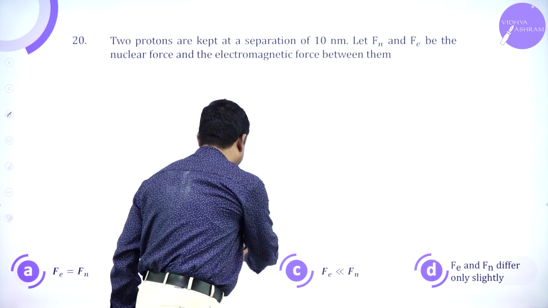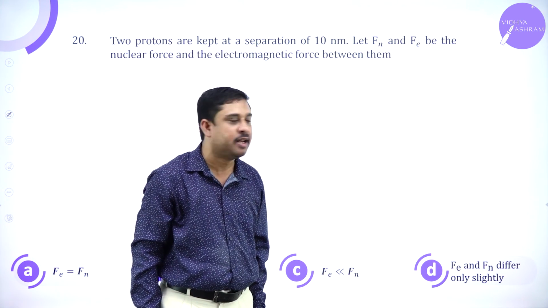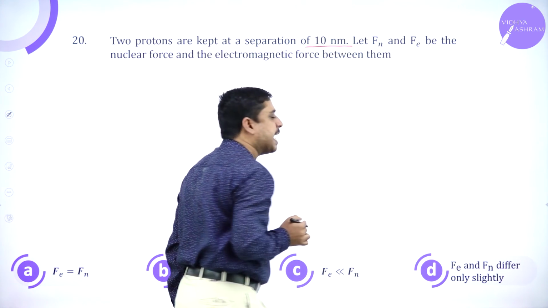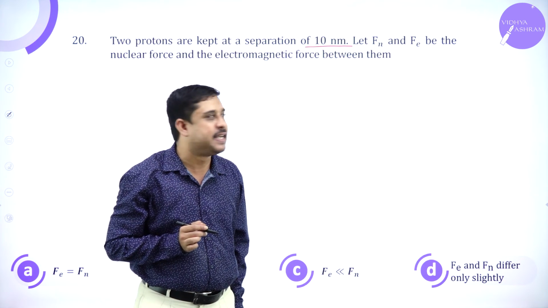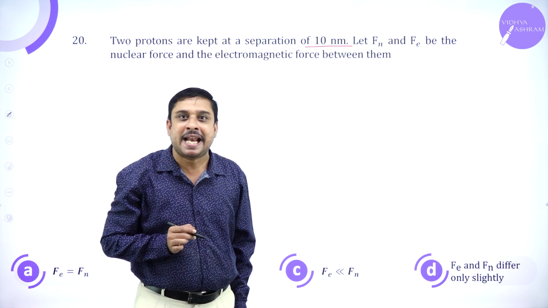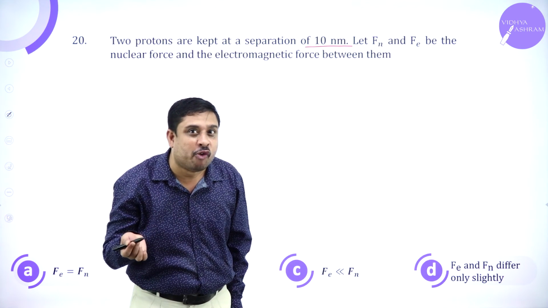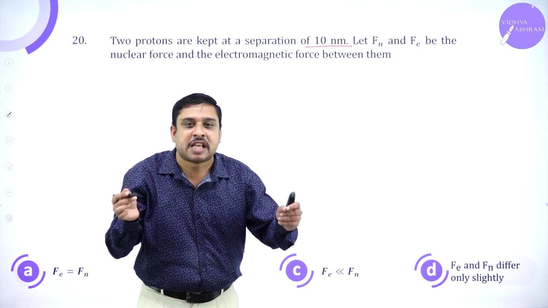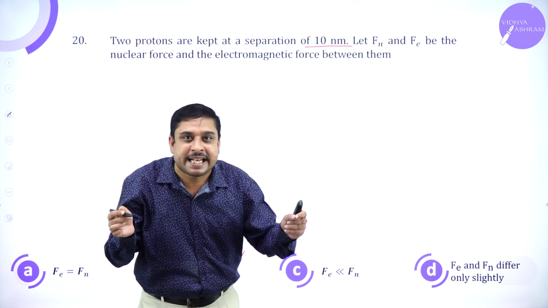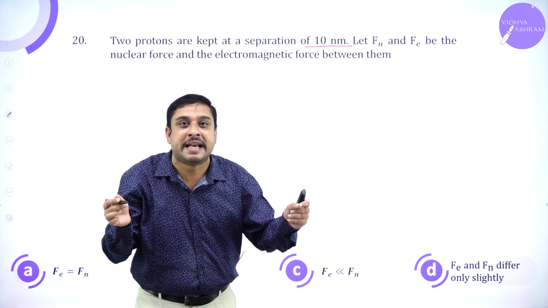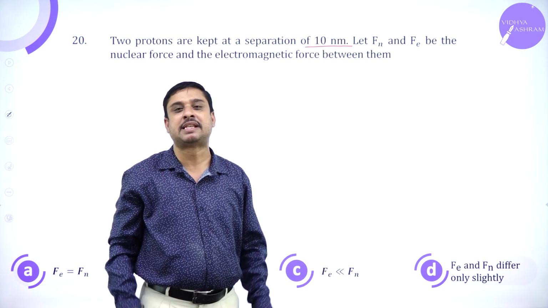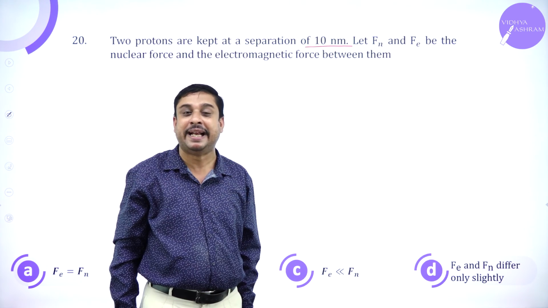Fe has to be greater than Fn because the two protons are separated by a distance of 10 nanometer. 10 nanometer is greater than 2 Fermi. Distance of separation between the two protons is greater than 2 Fermi. Nuclear forces saturate, electrostatic force becomes dominating.